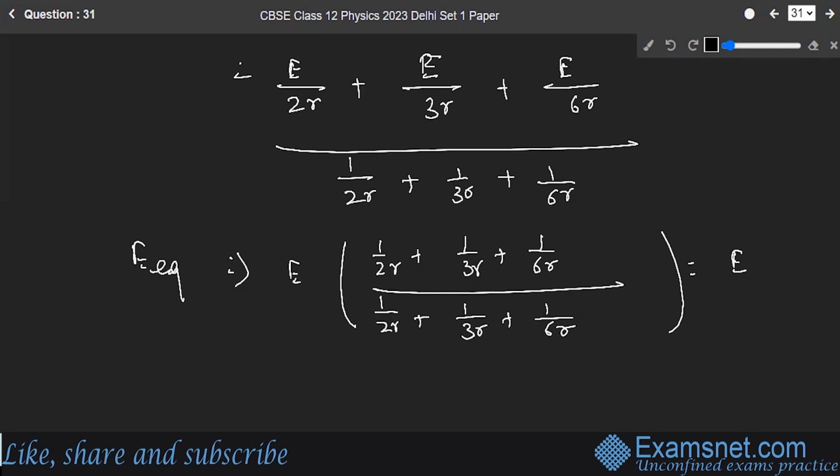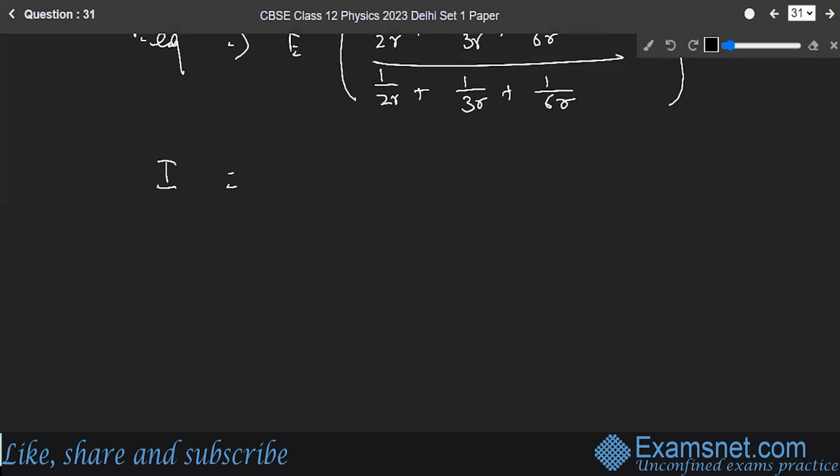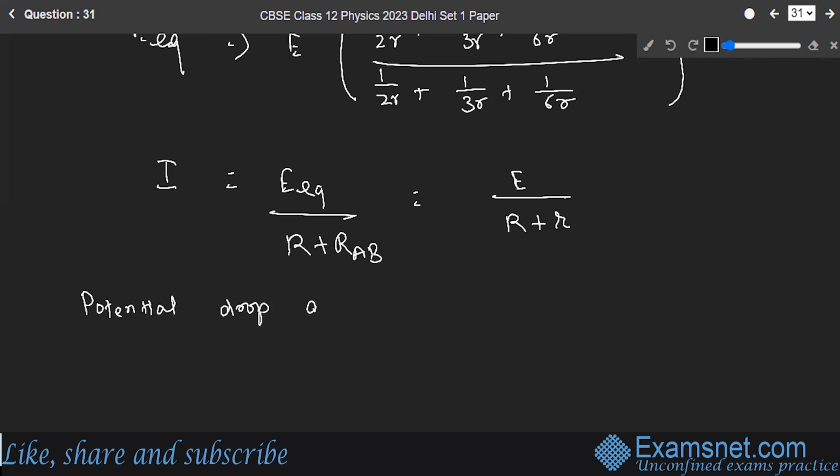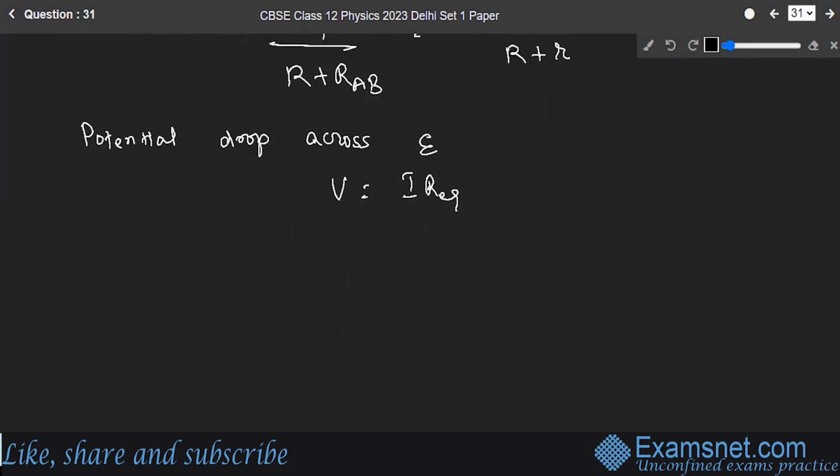Current flowing through the circuit is given by E equivalent divided by R plus r equivalent. So this was E upon R plus small r. Potential drop across the equivalent cell is V is equal to I into R. So this is equal to R into E upon R plus r.